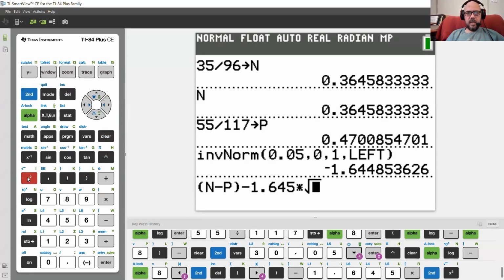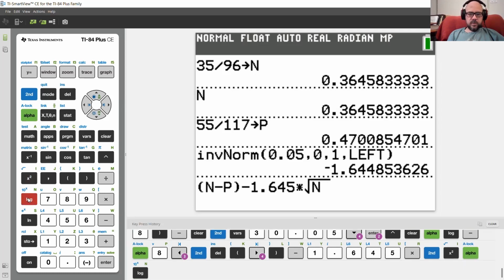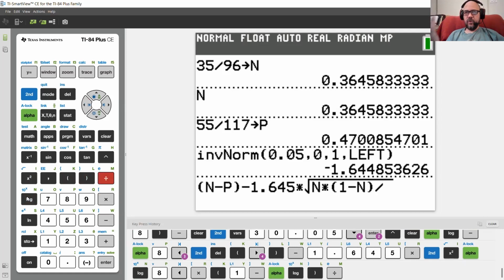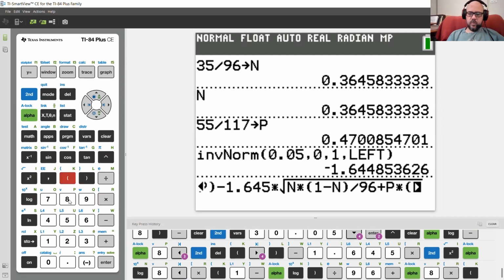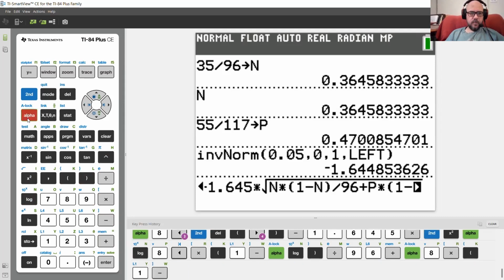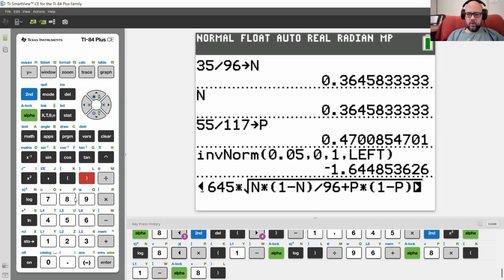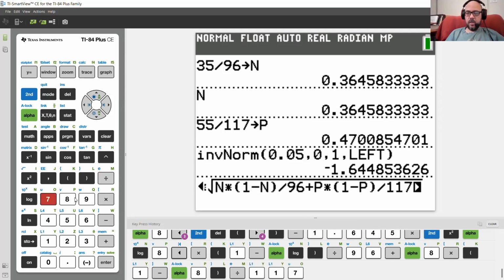So it's going to be N times 1 minus N, so alpha N times 1 minus alpha N, all over n sub n, which was 96, plus P, so alpha P, times 1 minus alpha P, all over n sub p, which was 117.